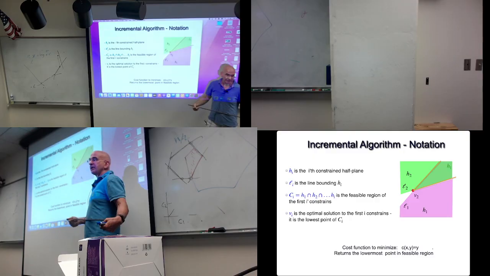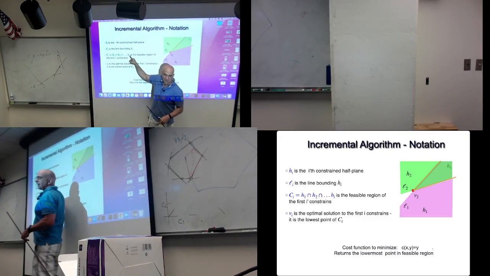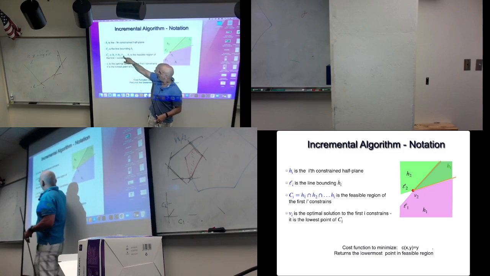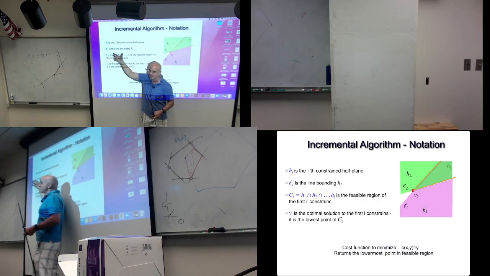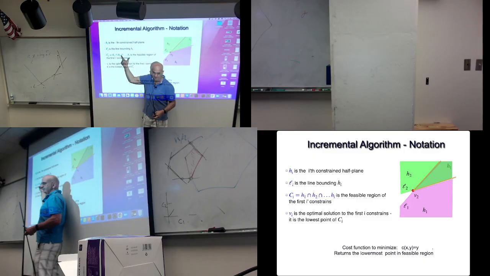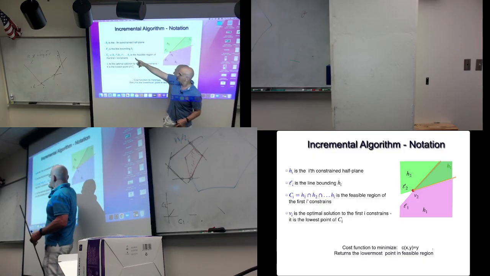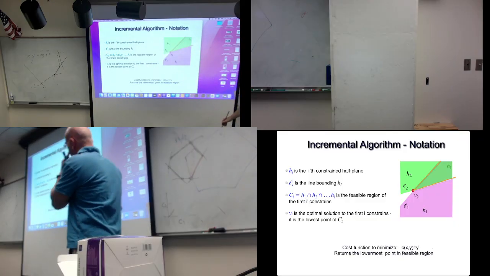Ci is the feasible region of the first i half-planes. That is, look at H1, H2, all the way up to Hi, and look at the intersection. Ci is the feasible region of the intersection if these are the only half-planes that I have in mind, from 1 up to i. Generally, I'm going to go all the way up to n, but at the moment, I'm at step i, so I'm only looking at the first i half-planes.